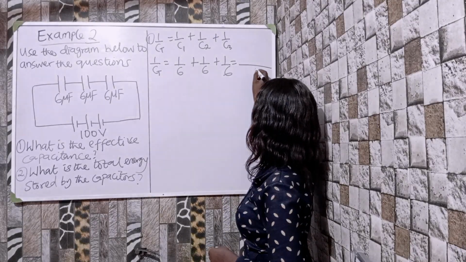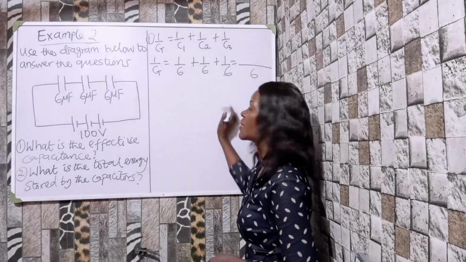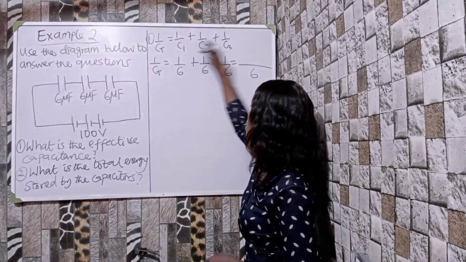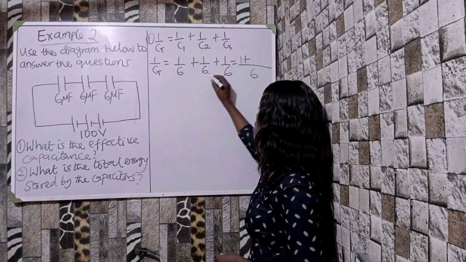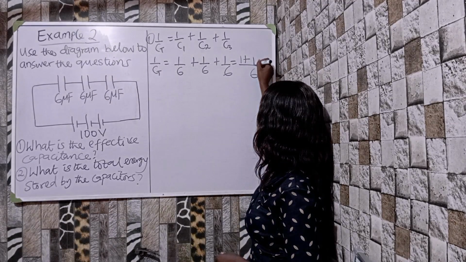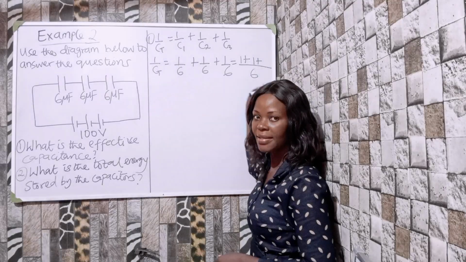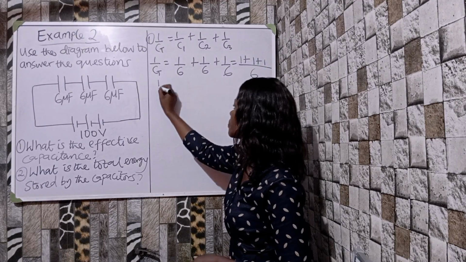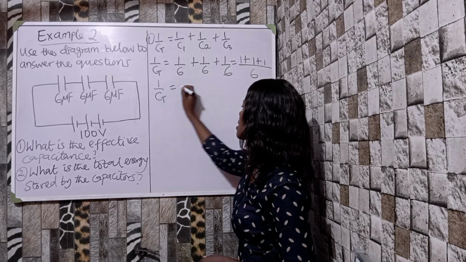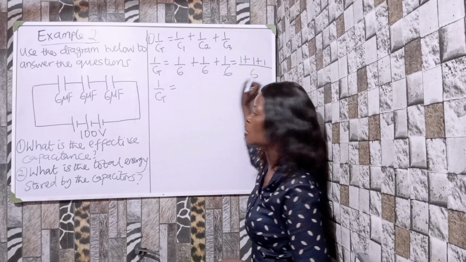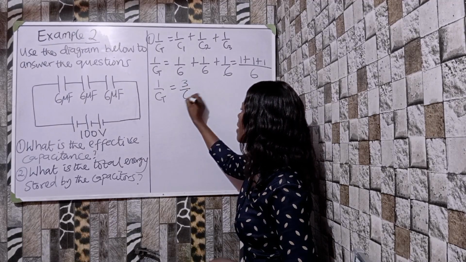The LCM will be 6. 6 divided by 6 gives us 1, 1 times 1 is 1, plus 1, plus 1. 1 plus 1 is 2, 2 plus 1 is 3. So I have 3 over 6.